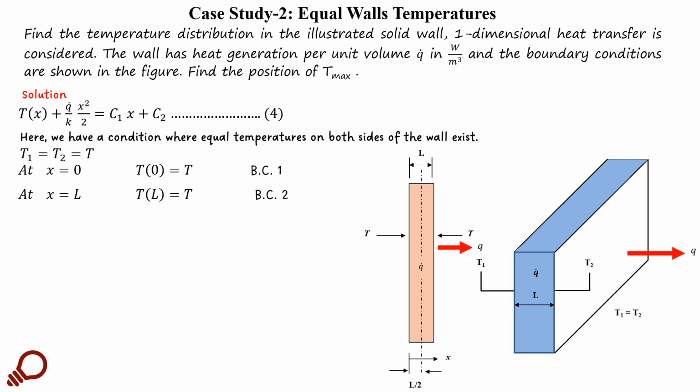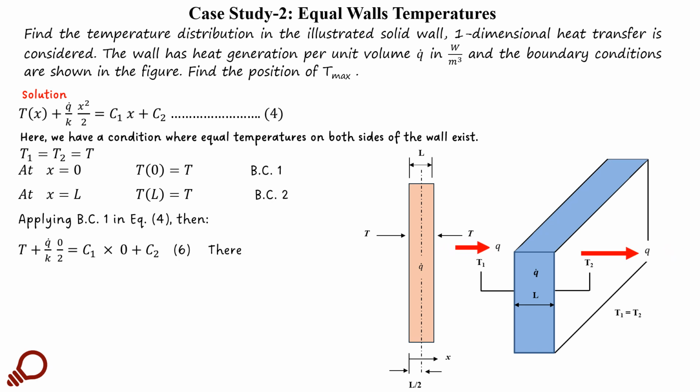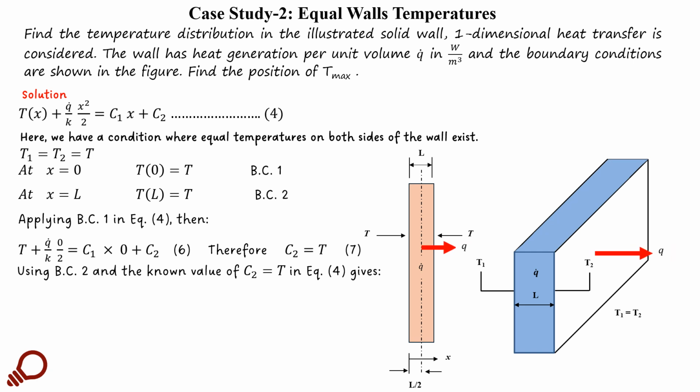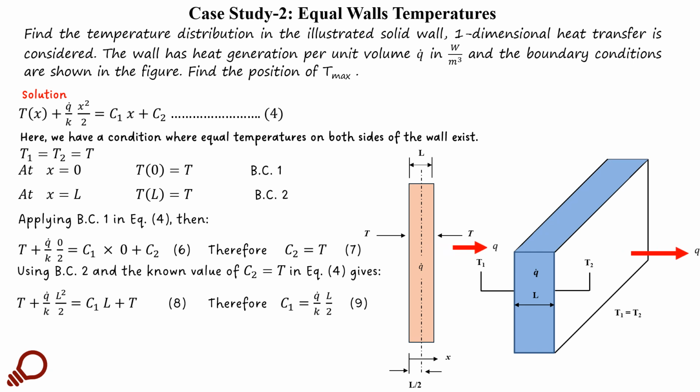Then we have two boundary conditions at x equal to 0 and x equal to L. That is, T of x equal to T. Applying boundary condition 1 in equation 4 and substituting the value of x as 0, we will get C2 equal to T. If we apply boundary condition number 2 together with the constant C2 equal to T in equation 4, that will produce a general form of C1 in terms of Q dot divided by K times L divided by 2, as shown in equation number 9.